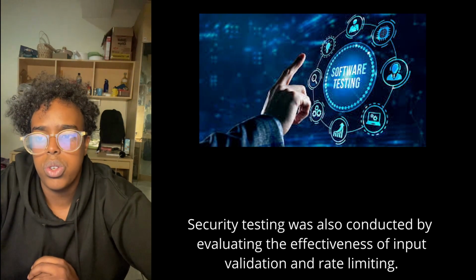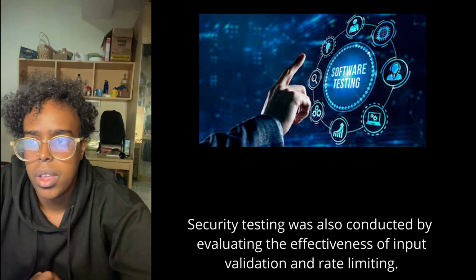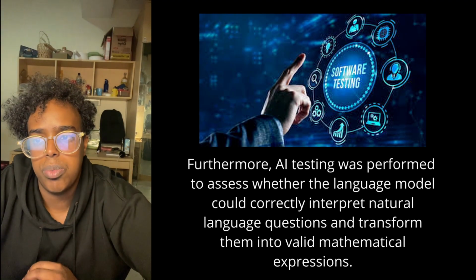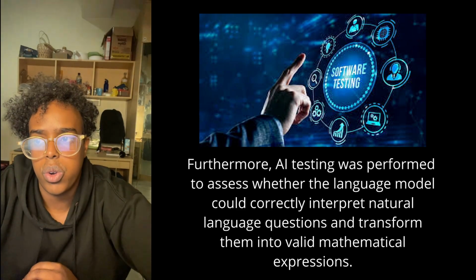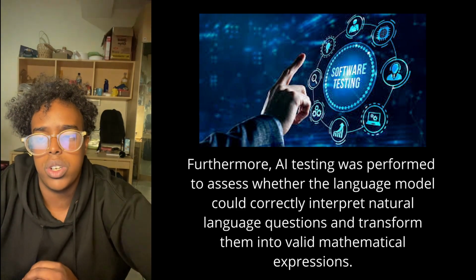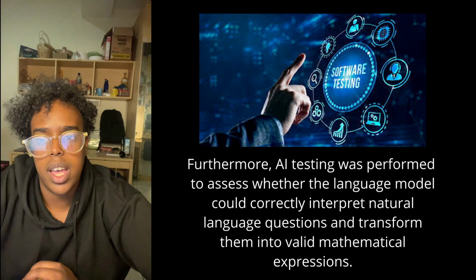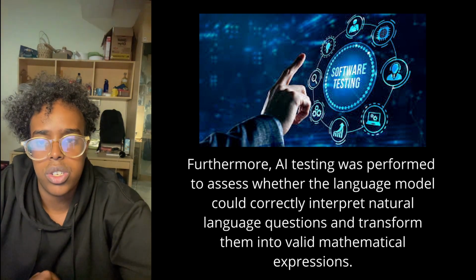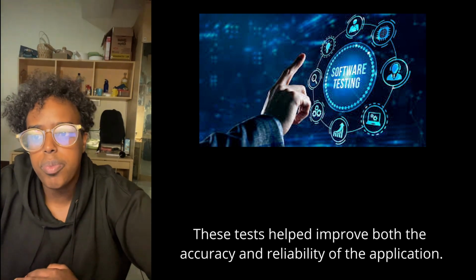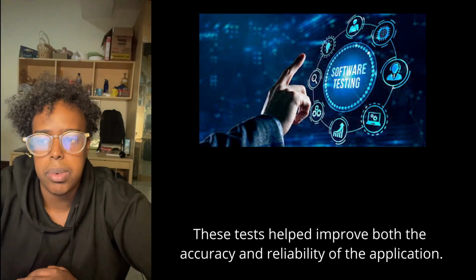Security testing was also conducted by evaluating the effectiveness of input validation and rate limiting. Furthermore, AI testing was performed to assess whether the language model could correctly interpret natural language questions and transform them into valid mathematical expressions. These tests help improve both the accuracy and reliability of the application.